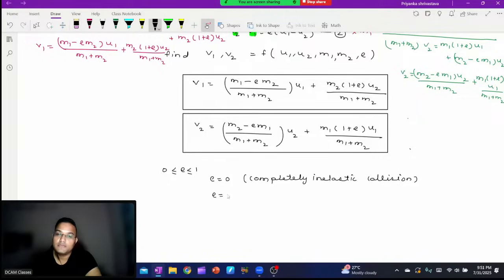And when E is 1, it is known as completely elastic collision. It depends on the E value.